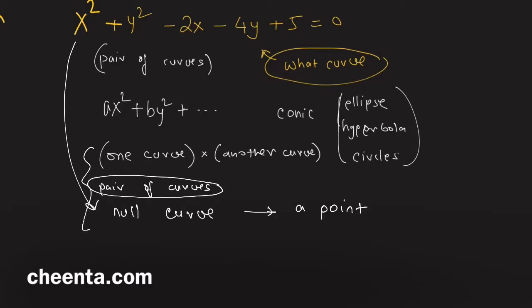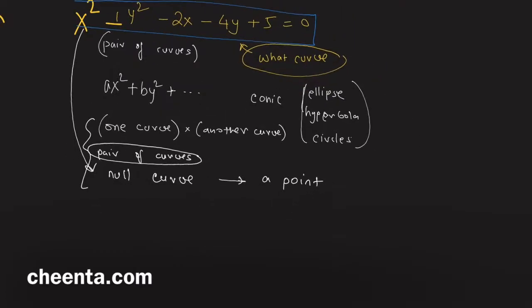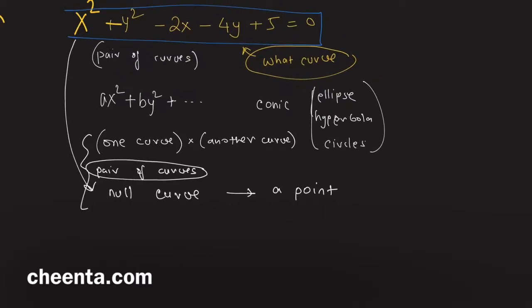let's use this equation that's given here. Maybe I can pull this little thing off and use a different color. So we have x square minus 2x plus y square minus 2 times 2y plus, now there is a 5, so we will put a 4 here and put a 1 here.